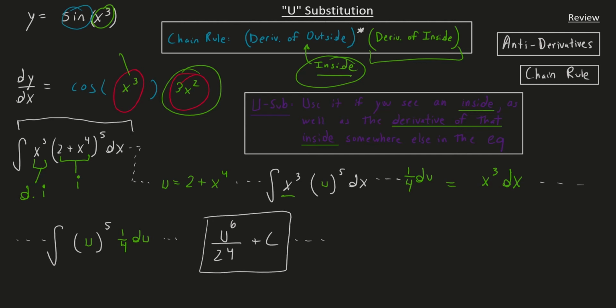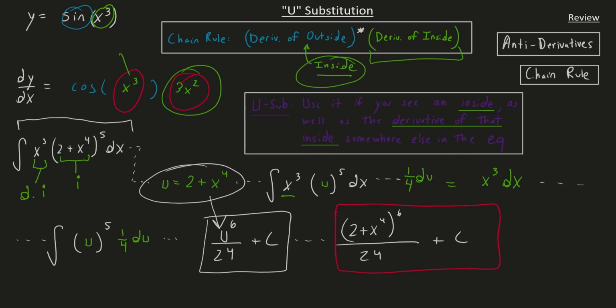So basically, I just take that initial u, that initial inner substitution choice that we made, and put that back in. So instead of writing u to the 6th, I'm going to write 2 plus x to the 4th, all raised to the 6th, over 24 plus c. And this is our final answer right here. So that is how you use U-substitution.